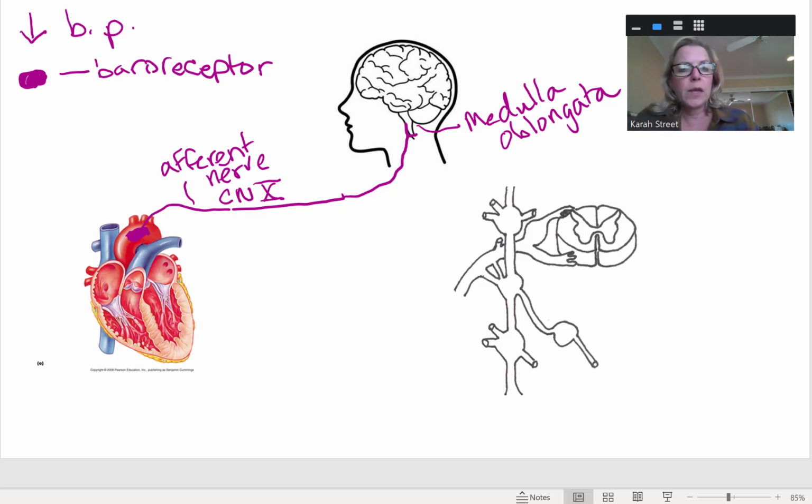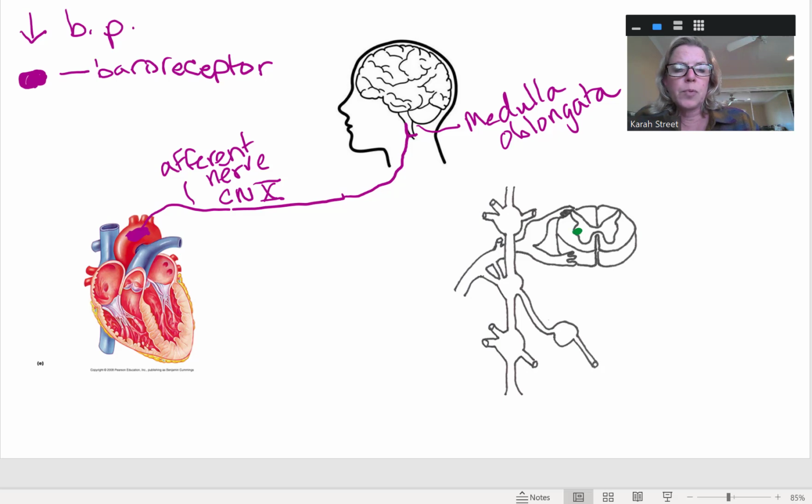So how can we draw this? Well, of course, the medulla oblongata would send action potentials down through the spinal cord until it got to levels T1 through L2. Obviously, that's where the sympathetic division is found.